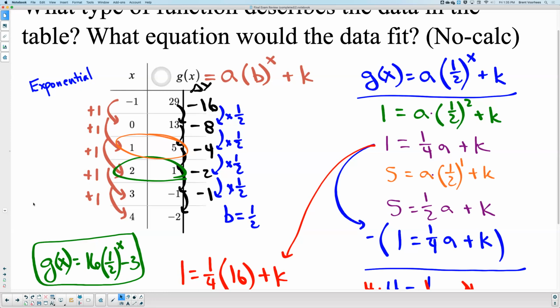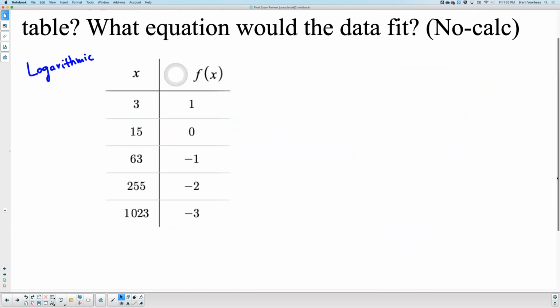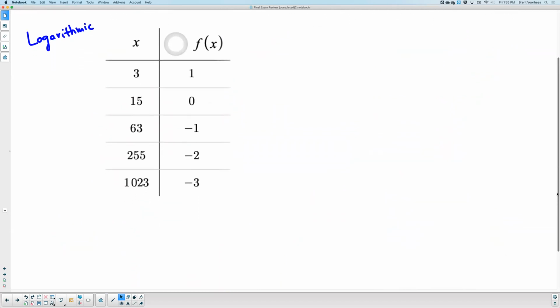All right. We also just quickly took a glance at this one last class. Y'all told me it was logarithmic. What did you see last class that told you logarithmic? The y's were adding? What did you say, adding? Subtracting. I would say they're subtracting by 1.